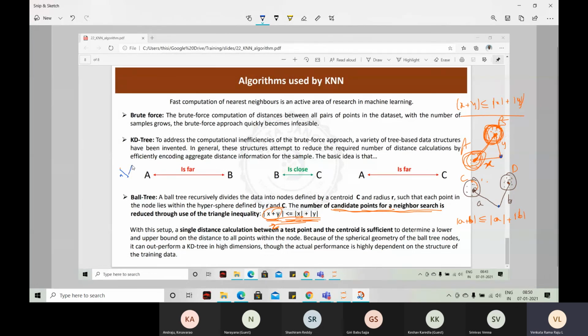This is X, this is Y, and maybe another data point, this is Z. X plus Y. Oh, I got it. Let me explain this. I think I got it. Give me 1 second.